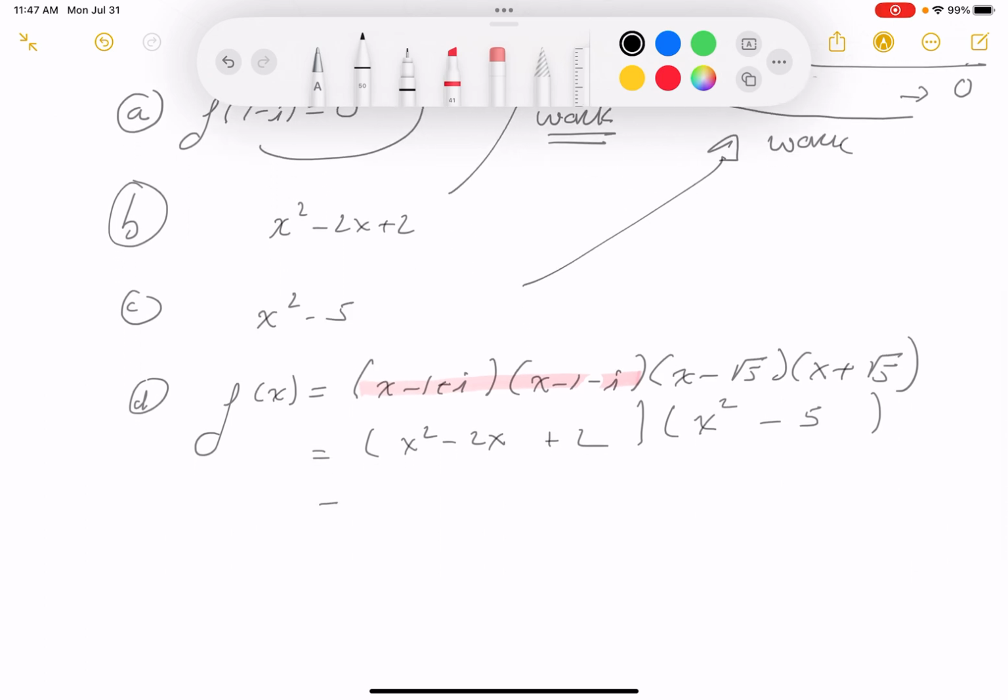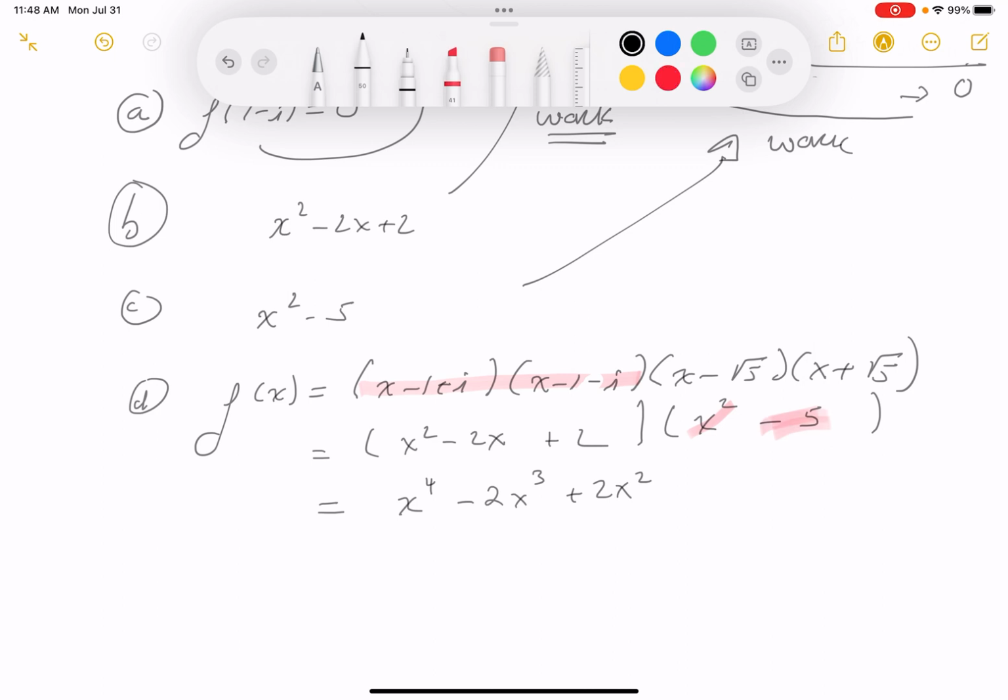So what do you do now? I'm going to multiply it out. The way I'm going to do that, I'm going to distribute this term, x squared, across those three terms. And what would you end up with? You'd end up with x to the 4 minus 2x cubed plus 2x squared. And then I'm going to multiply the minus 5 across those three terms. What would you end up with?